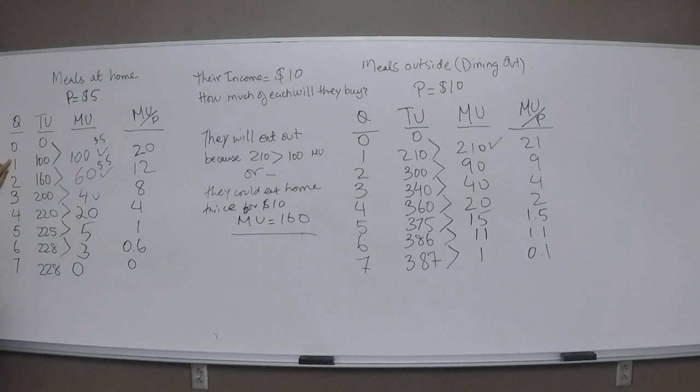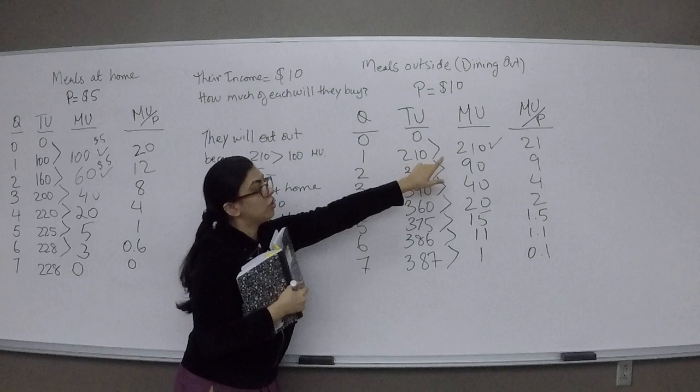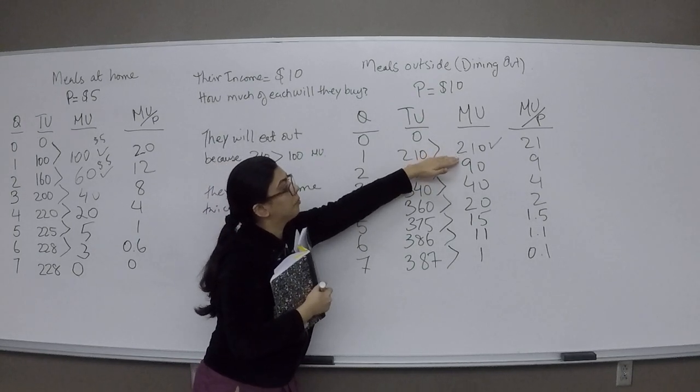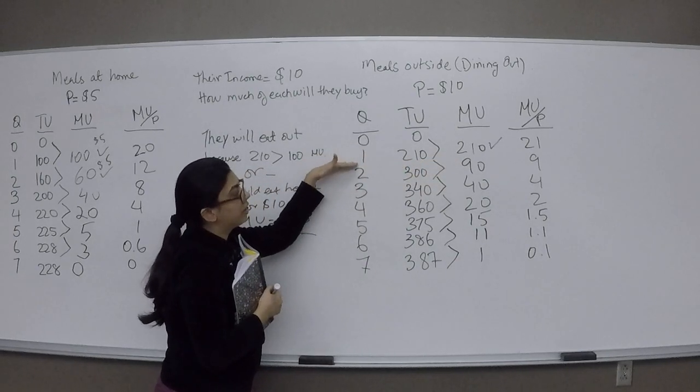The first meal they get at home gives them satisfaction of 100 utility. They cannot afford to eat out again, so if they use $10 to dine out, that's the only one quantity they can consume.